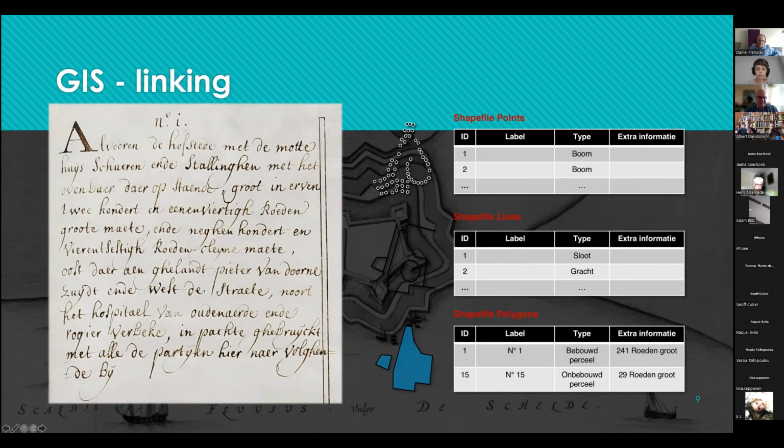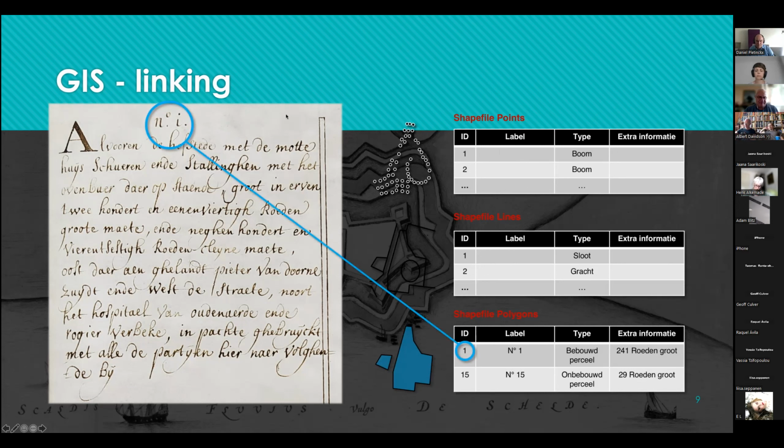So if we have a written document about this property, then of course we can link that document to the parcel or to, for example, a market cross which is mentioned, which is then represented by a point, etc.